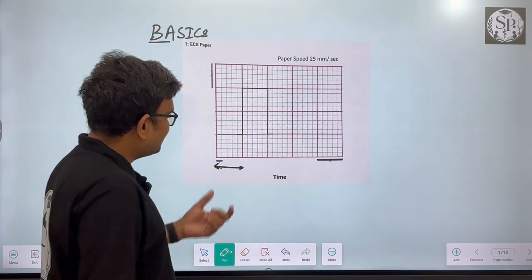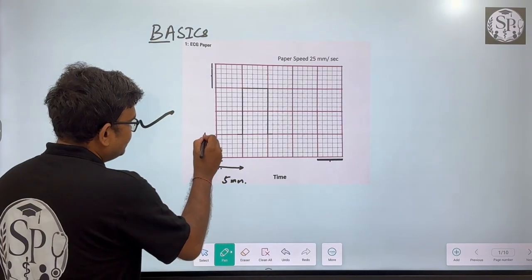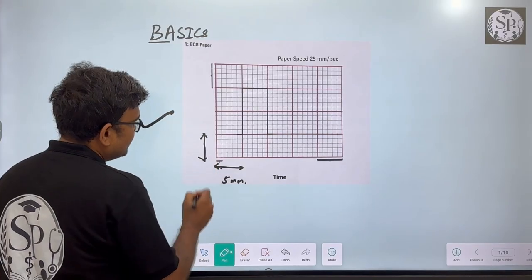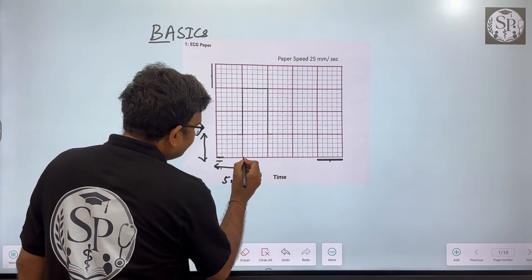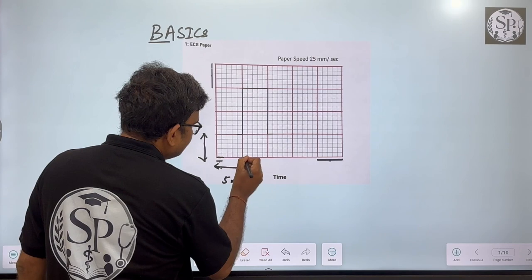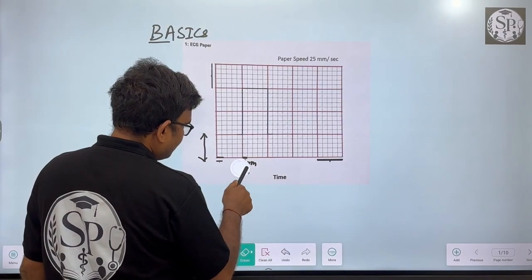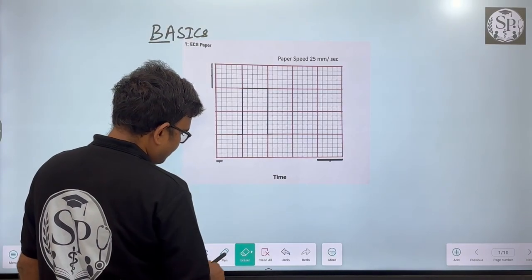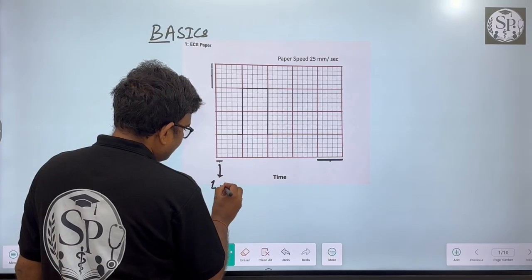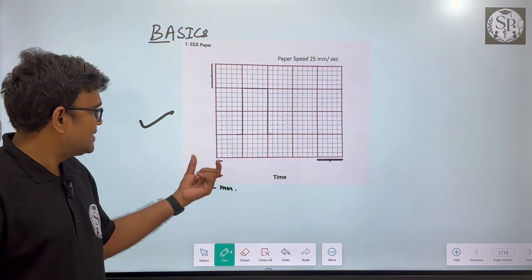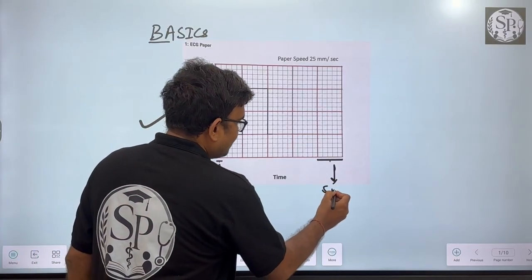Each large square is 5 mm and each small square is 1 mm.